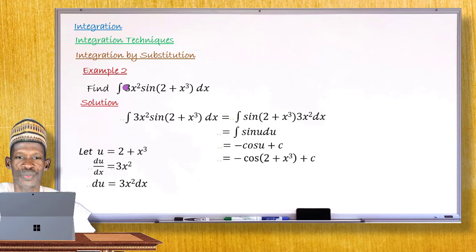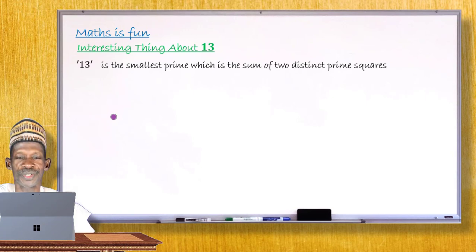Maths is fun, and let me explain what is interesting again about the number 13. So 13 is the smallest prime number which can be expressed as the sum of two distinct prime squares. That is, this 13 is prime and can be expressed as the sum of two square numbers, and those numbers would now be prime numbers. So let's see how we can express this number 13.